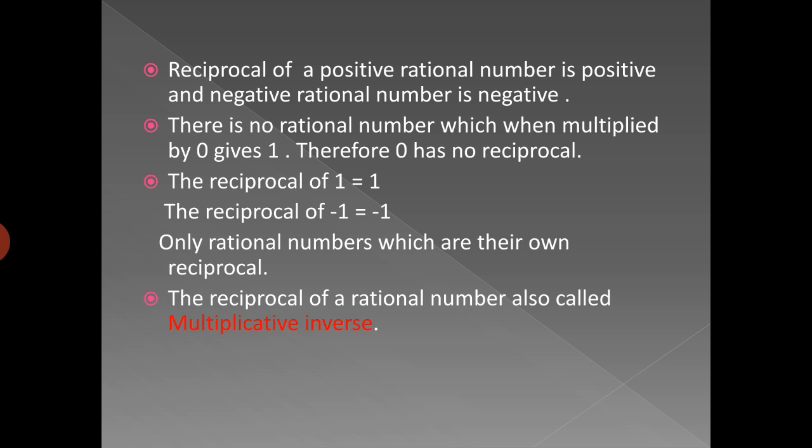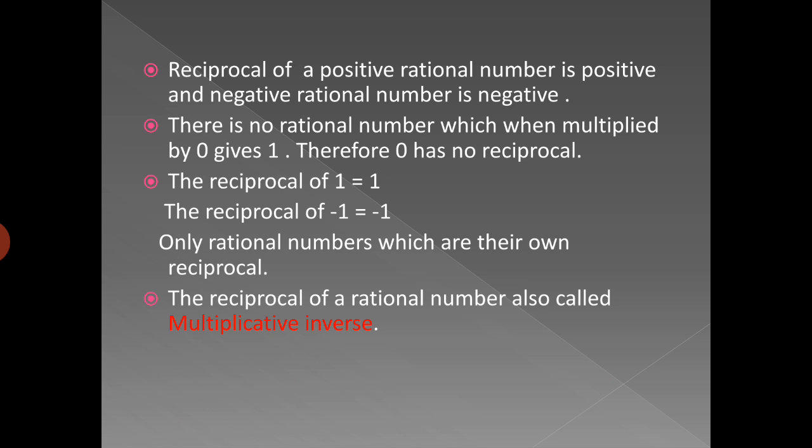And in additive inverse, if a positive number is there, then its additive inverse is negative, and if a negative number is there, then its additive inverse is positive. There is no rational number which when multiplied with 0 gives 1, therefore 0 has no reciprocal.